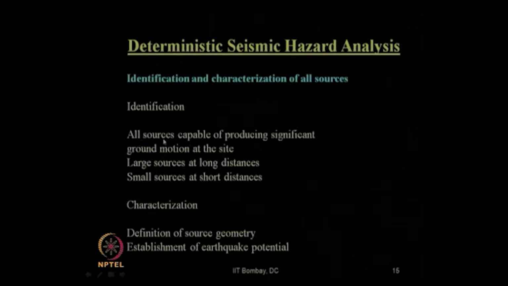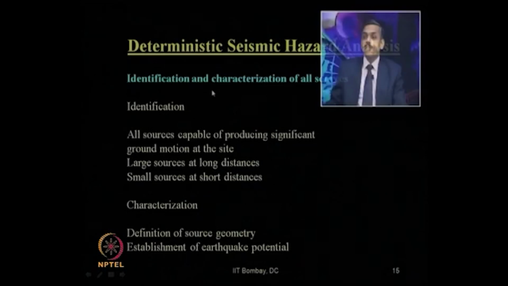It is not that, suppose among those sources maybe a few sources are showing very active events in the near future. You cannot give more weightage to those sources which are more active in the near future. In deterministic approach, you cannot give different weightage to different sources.